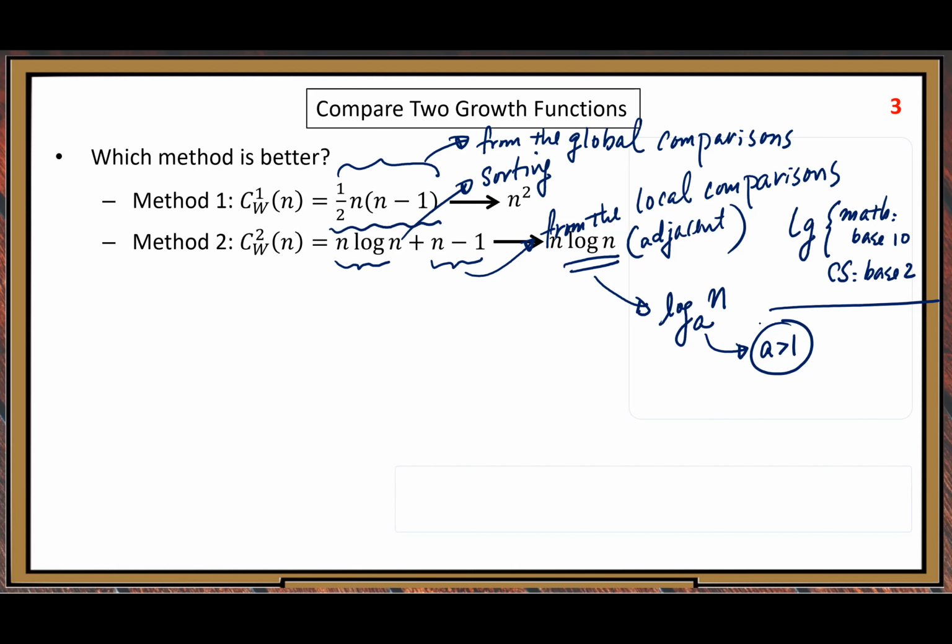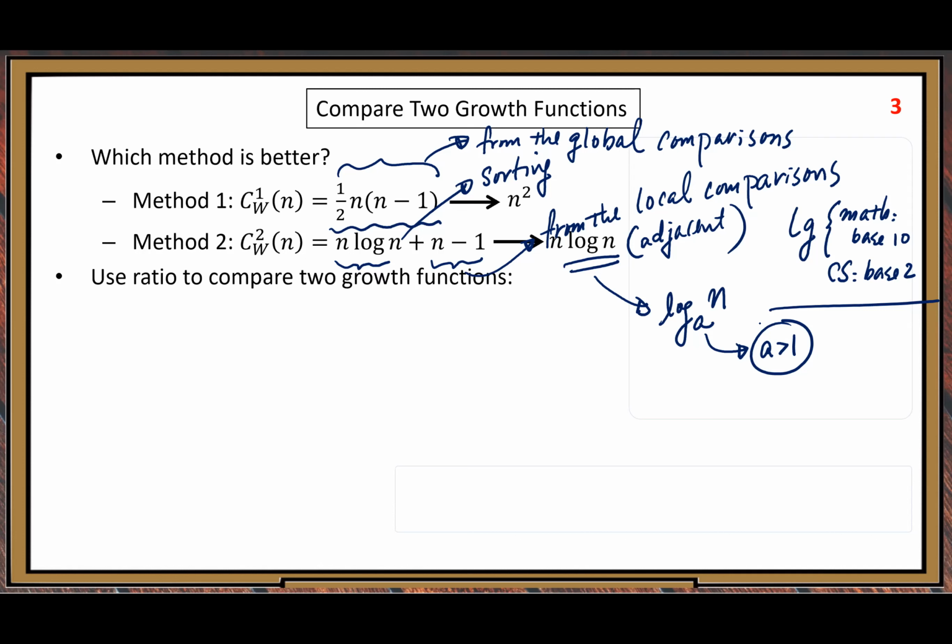Otherwise, if a is less than 1, then this log function becomes a negative function, and we don't want that. When a is greater than 1, it is a positive function, because our growth function is always positive.